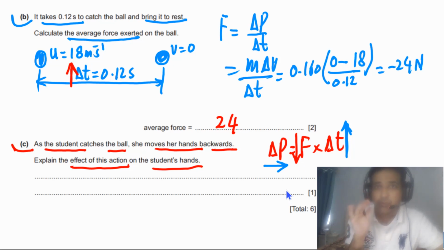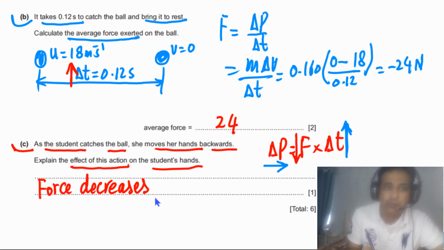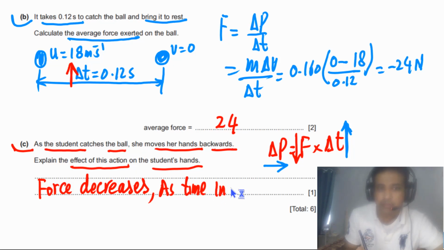So that's the point you need to understand. So simply we can say force decreases on the hands of the student. So simply you can say force decreases as time increases, or you can say longer time. So if you write this, you will get 1 mark. This question has only 1 B mark.